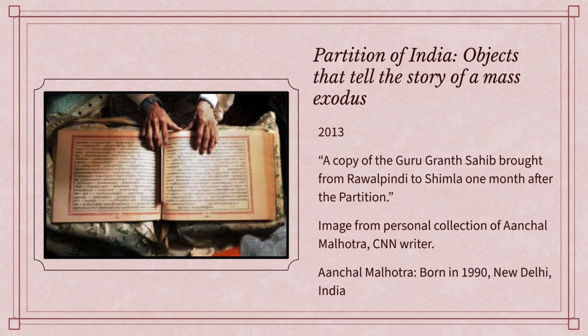Like, the beautiful book was preserved directly from the partition, and now we have the hands of someone related to this, someone who witnessed this or knew someone who witnessed this, and now we have it in the modern 21st century, in the backdrop of the Indian-Pakistan wars and conflicts that have happened in the past decades, the role India and Pakistan have had on the global scale and stage, such as their involvement in the Cold War, India towards the USSR and Pakistan towards the US, and later the US's problems with Pakistan.